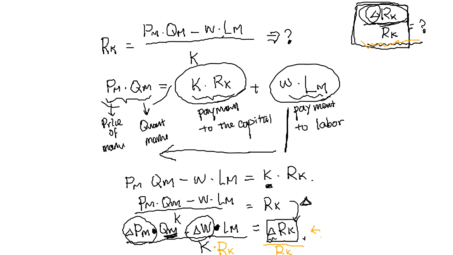Okay? So now I have this term on my right-hand side. So if I could figure out this, then I could figure out this is equal to what? Right? So our goal becomes this one. Try to figure out the left-hand side. It's equal to what?